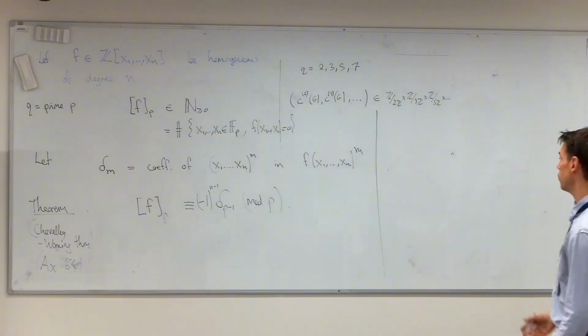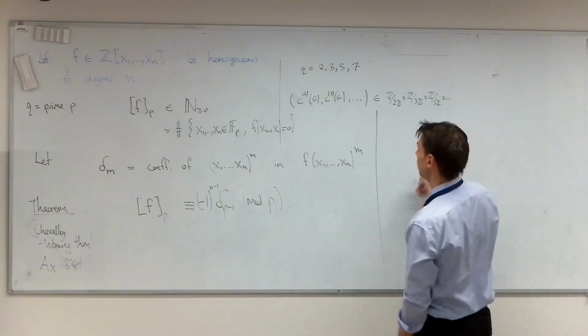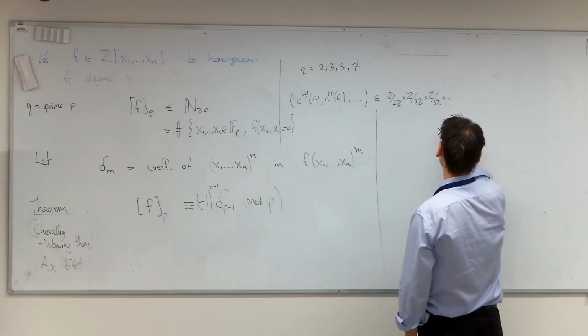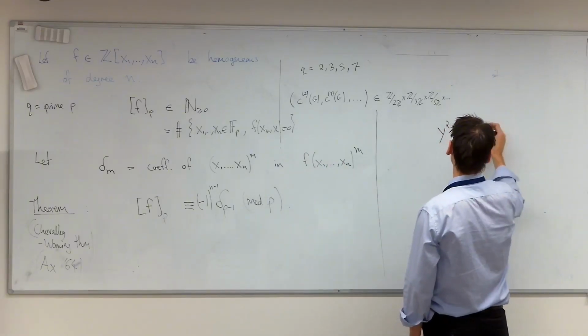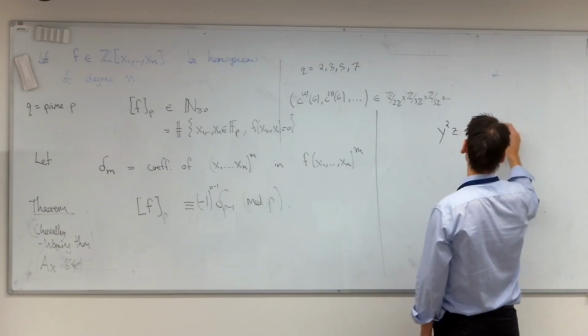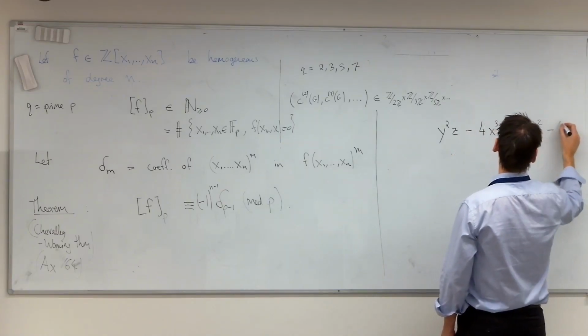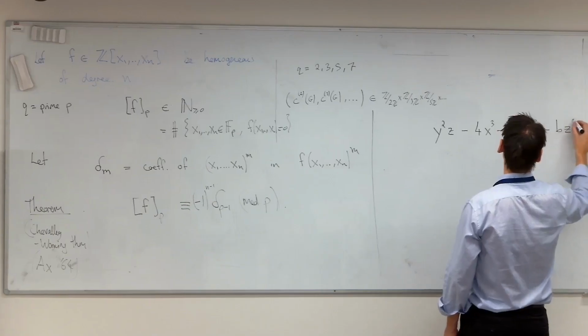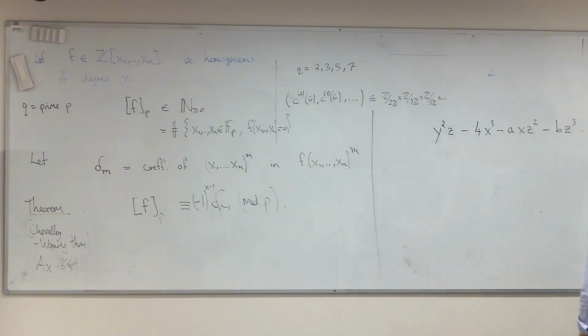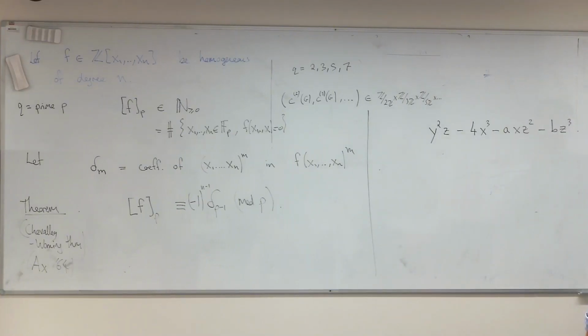And you can do that with, for example, the elliptic curve I had earlier. You can make it homogeneous and look at something like 4x cubed minus a x z squared minus b z cubed. So a and b, you fix your favorite integers.